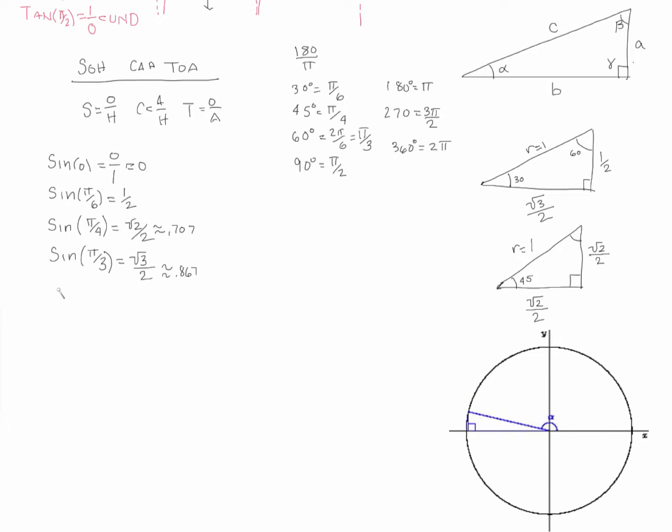Okay, and then the sine of pi over 4, or I'm sorry, pi over 2, which is 90 degrees. Now, that one's going to be, notice, 90 degrees would be right here, right?